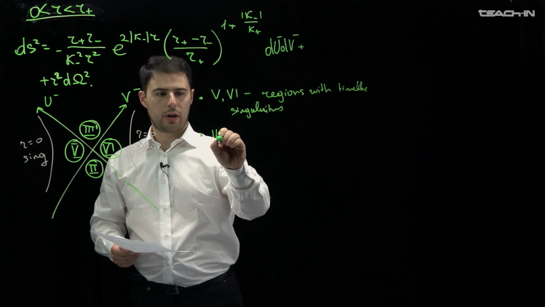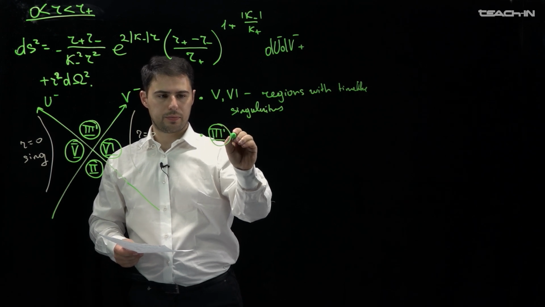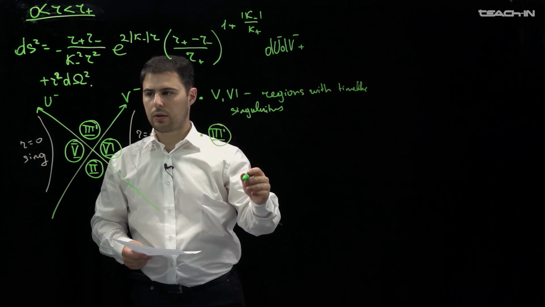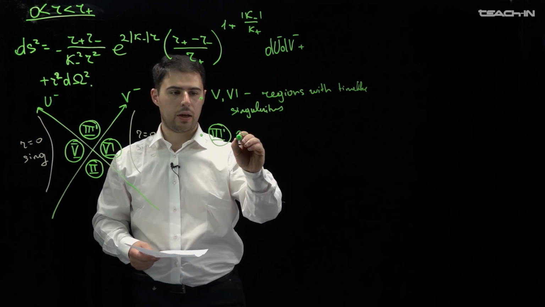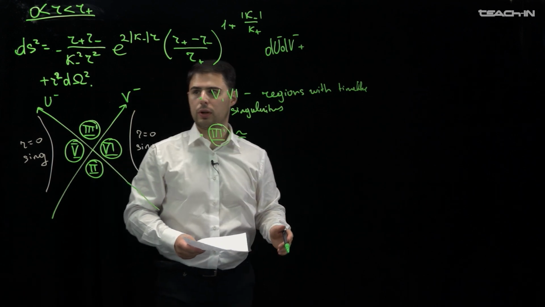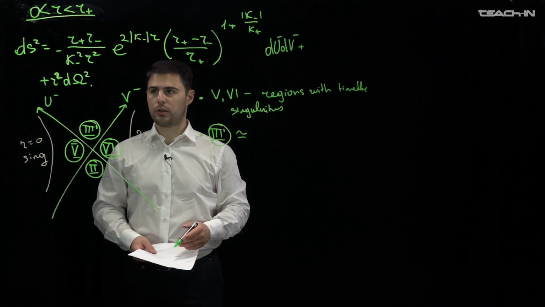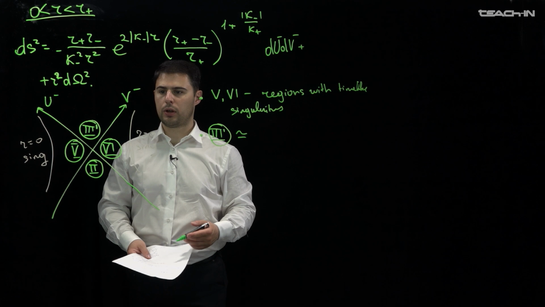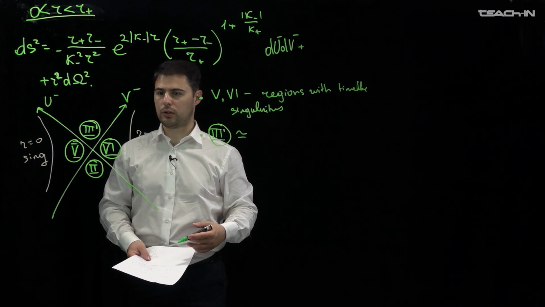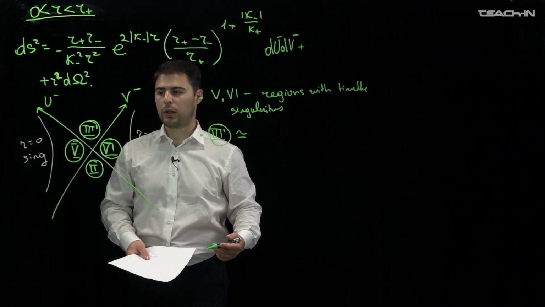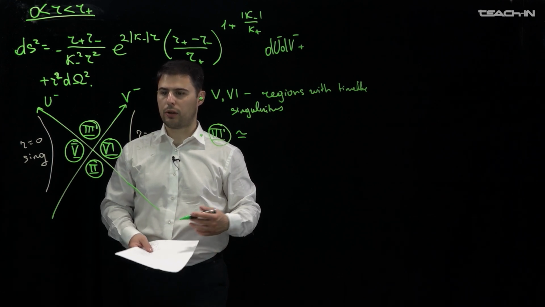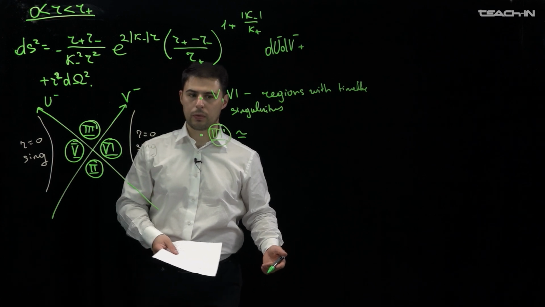Finally, we have a new region 3'. And one can show that the chart in the region 3' is diffeomorphic to the region 3. So again, this region is diffeomorphic to the white hole region as seen by the exterior of the spacetime.